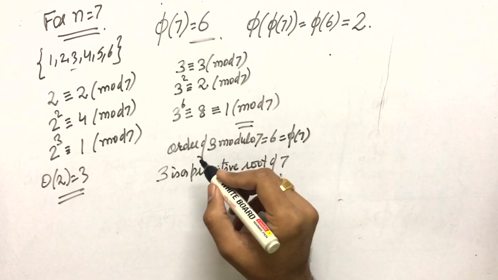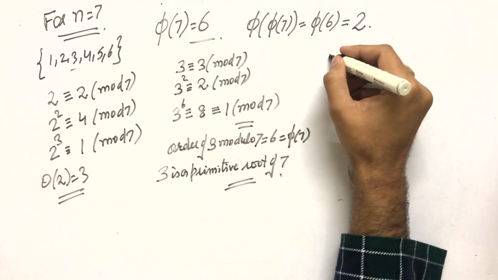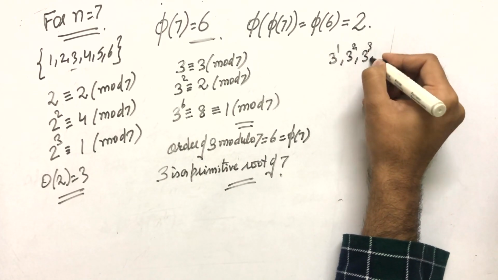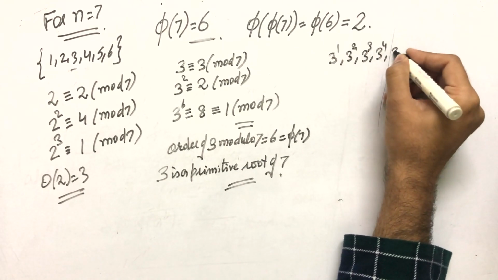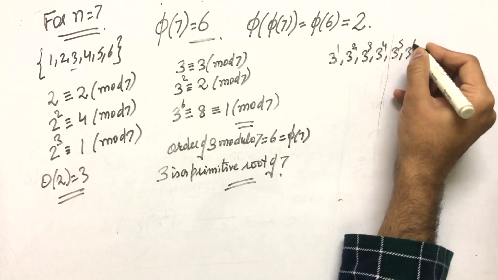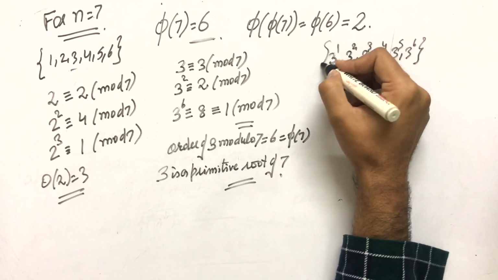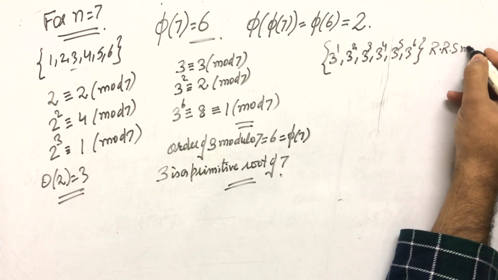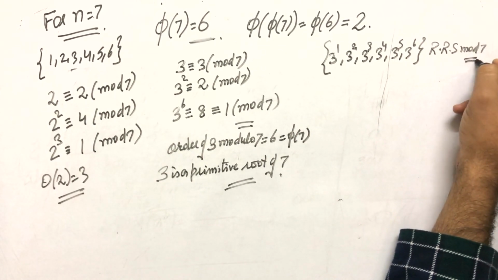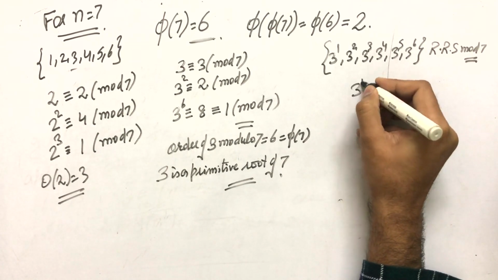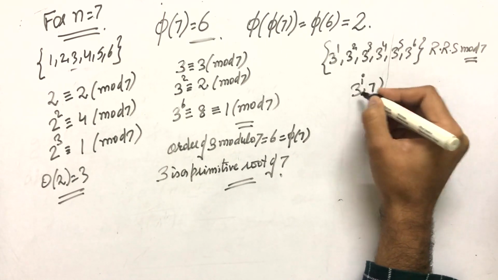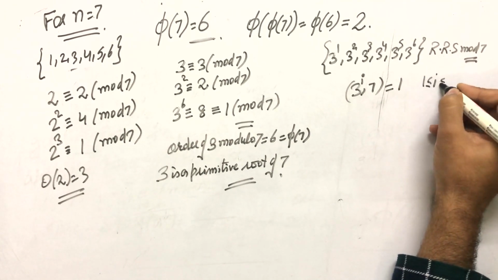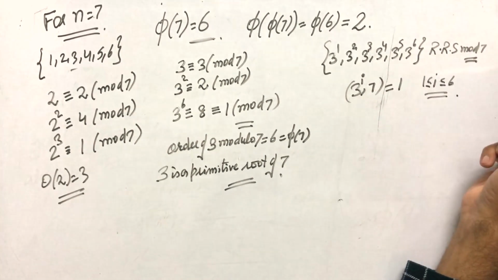As we know 3 is a primitive root, that means 3 power 1, 3 power 2, 3 power 3, 3 power 4, 3 power 5, 3 power 6 form a reduced residue system modulo 7. That is to say, all these powers are relatively prime to 7 for i from 1 to 6.